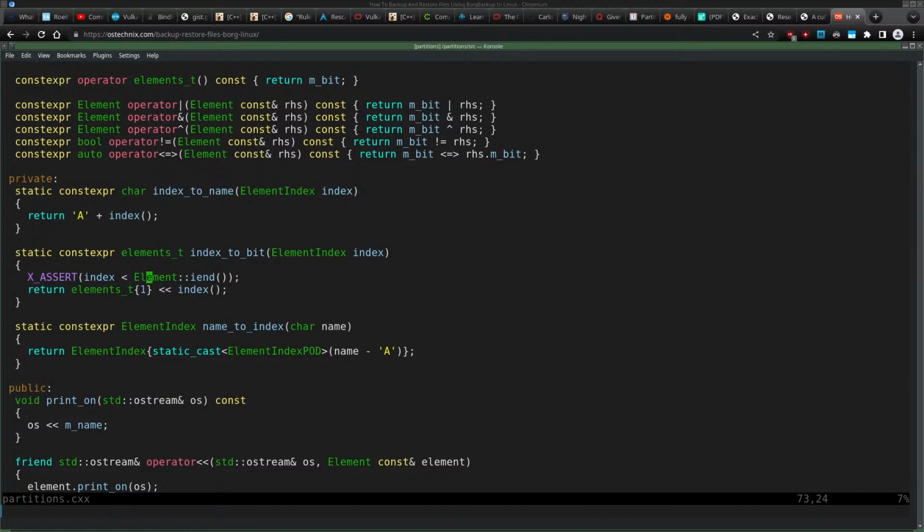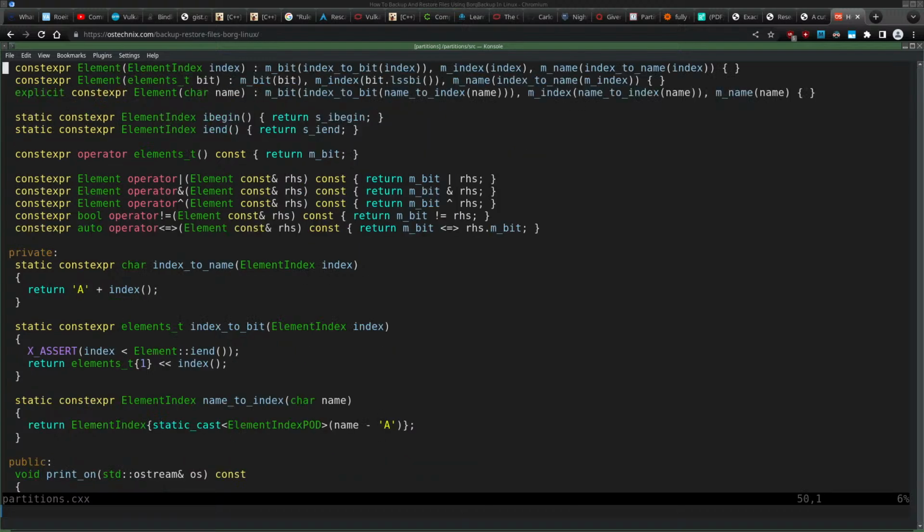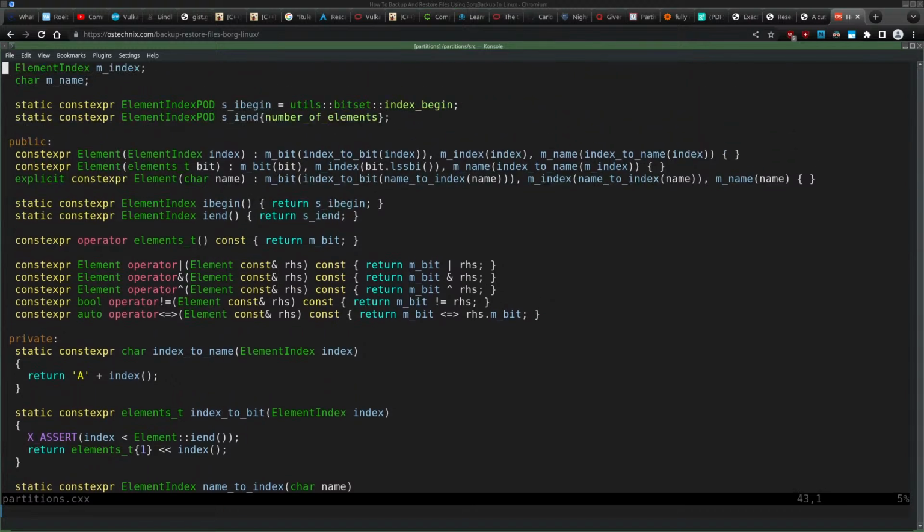It depends a bit on what IND is. Okay, IND is simply something with the value s IND, which is a number of elements, so that should work.